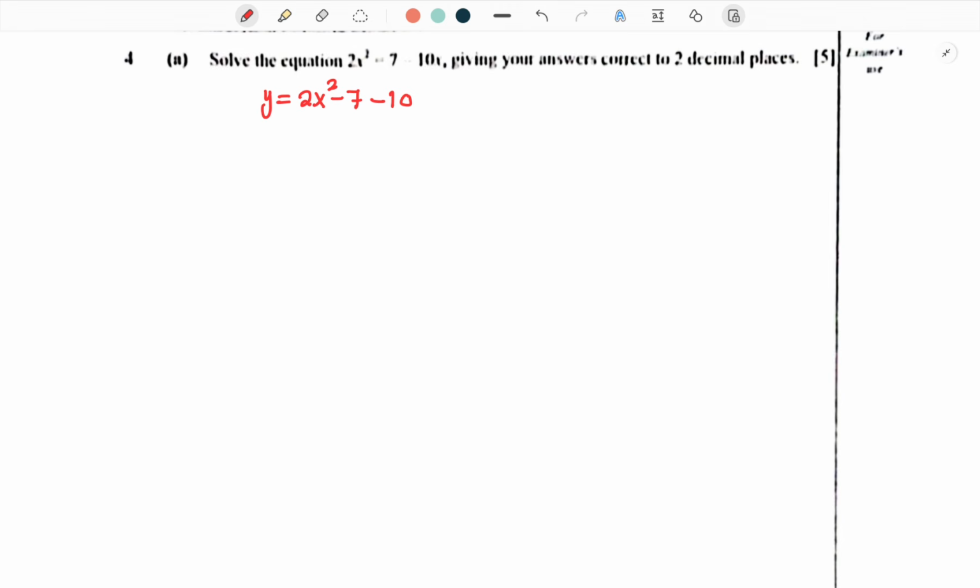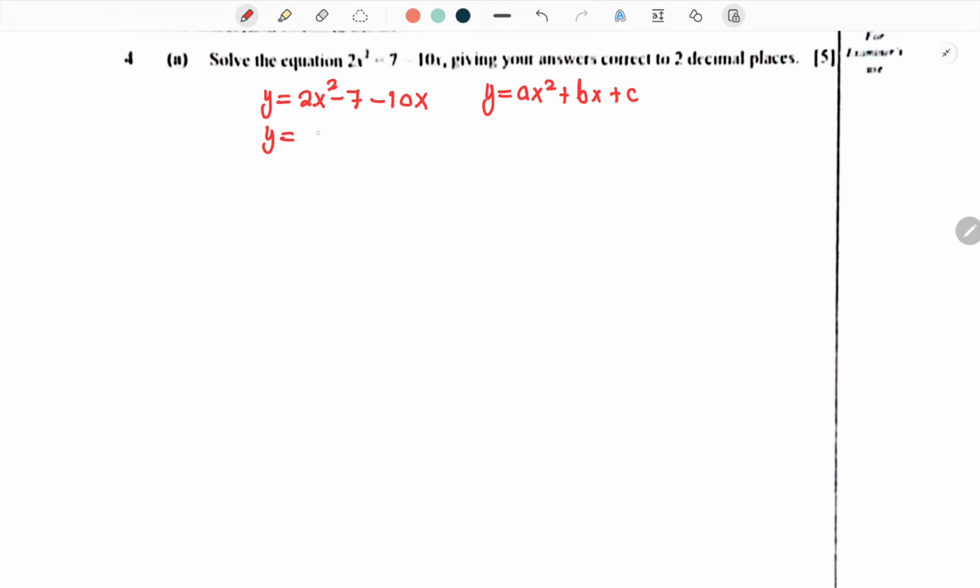Now, I want you to figure out something. The original equation where you write a quadratic equation is supposed to be y equals ax to the power 2 plus bx plus c. So for this question, all you have to do is arrange everything in order.